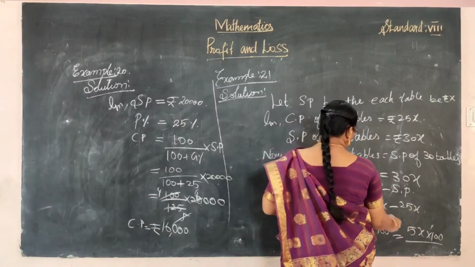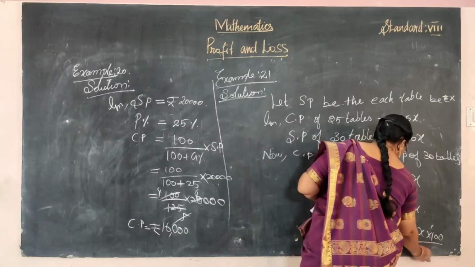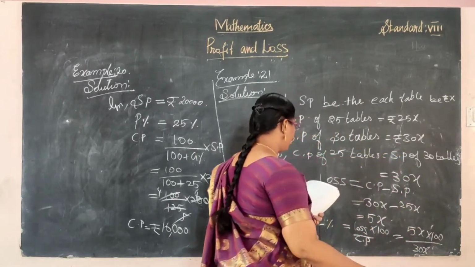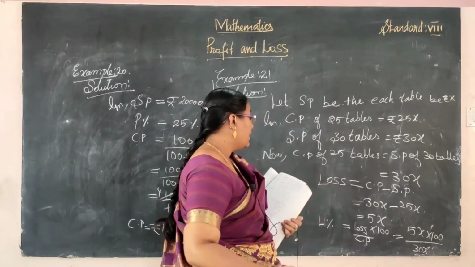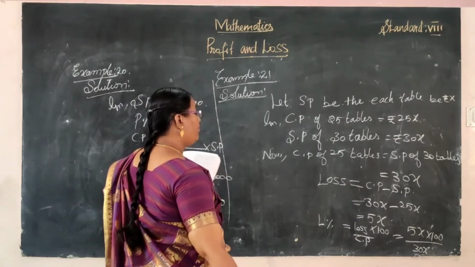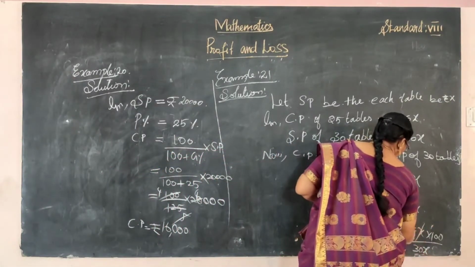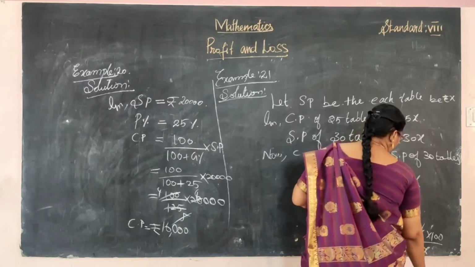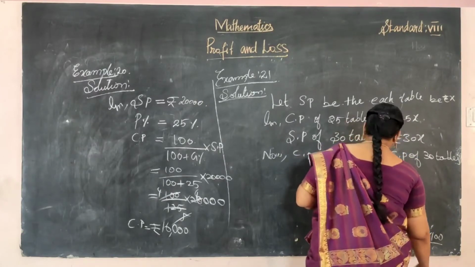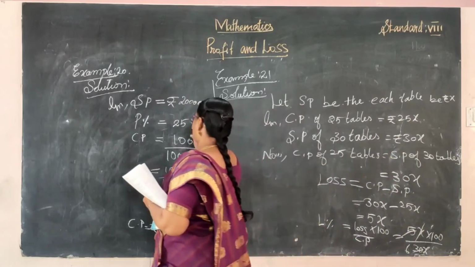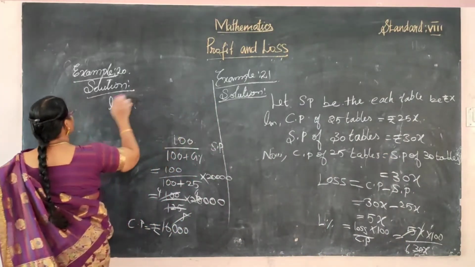CP is 30x. So simplify, x will be cancelled. 5 sixes are 30, so 100 by 6.